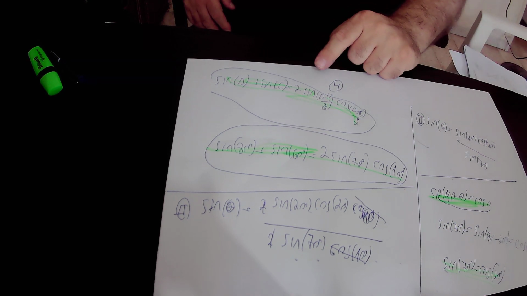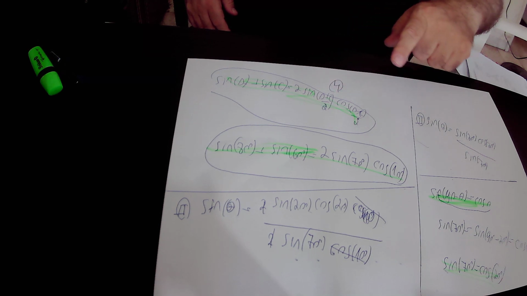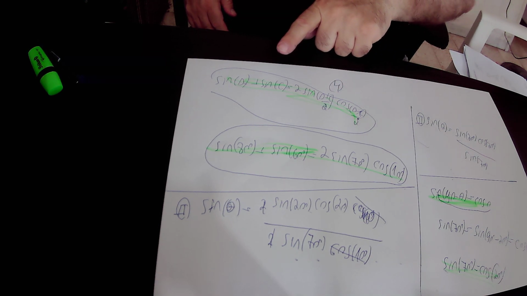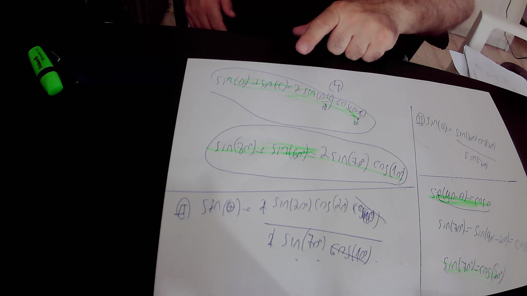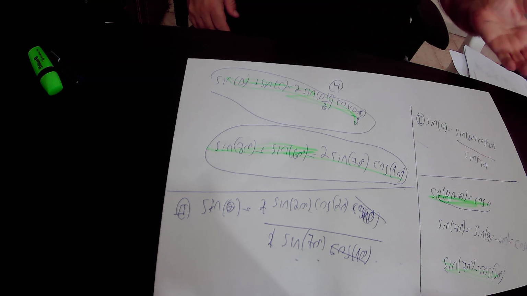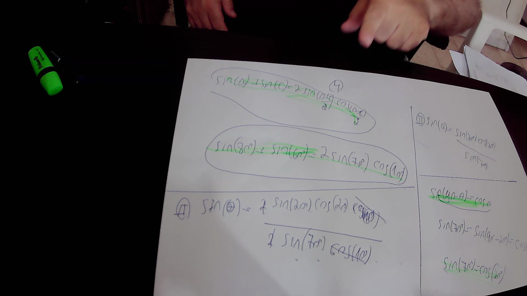Use this identity in order to find the value of sin 80 degrees plus sin 60 degrees.